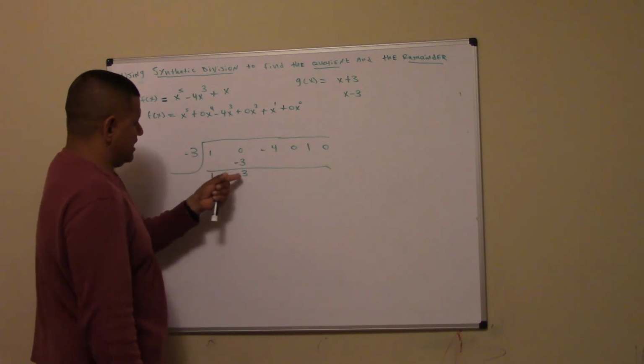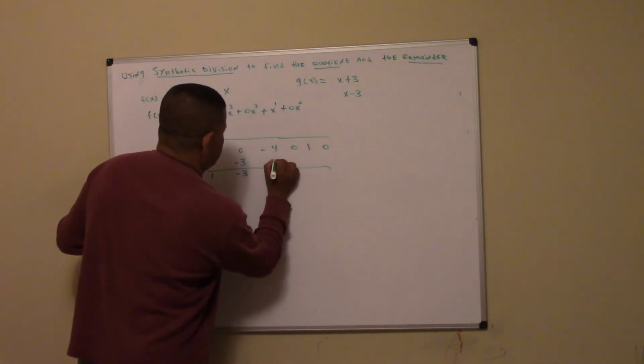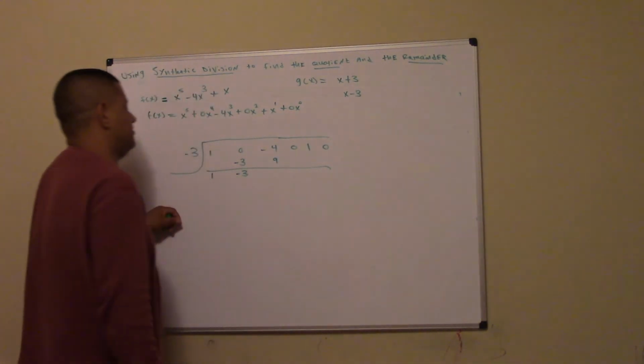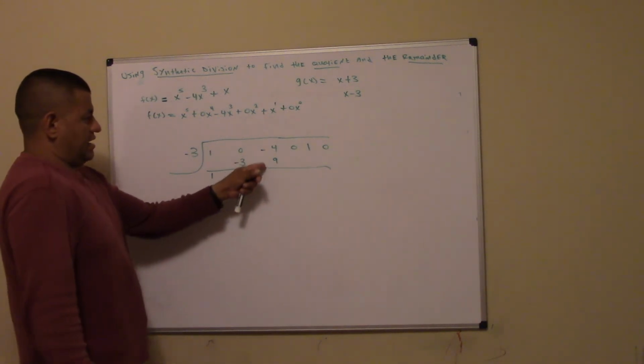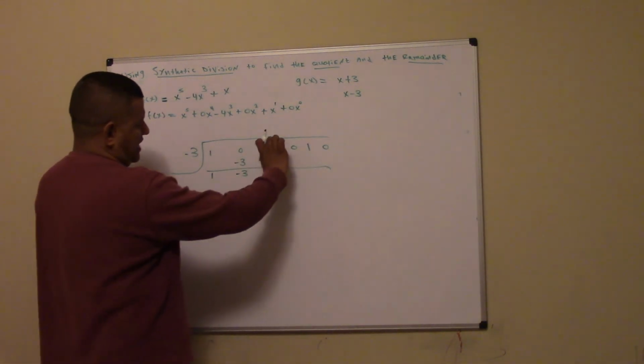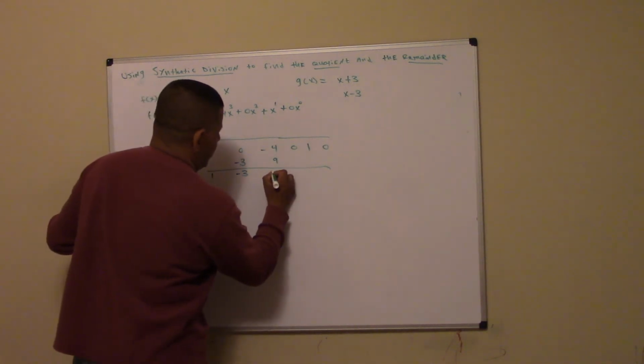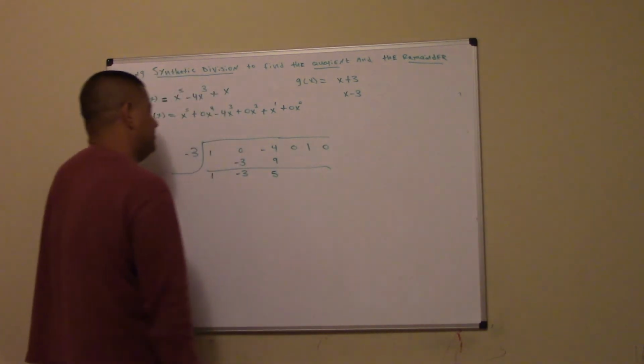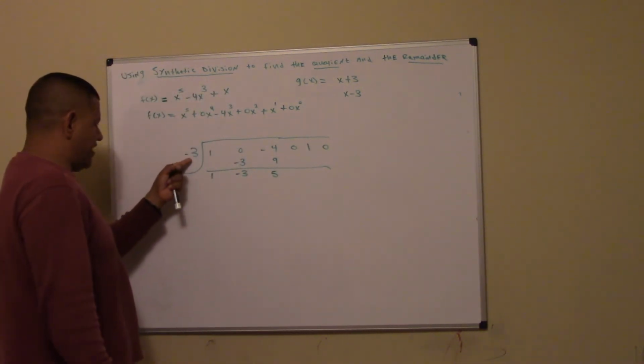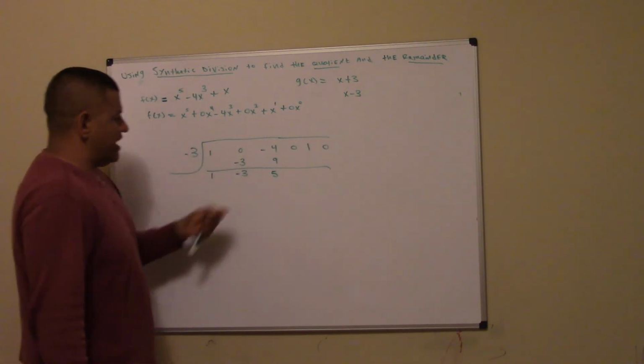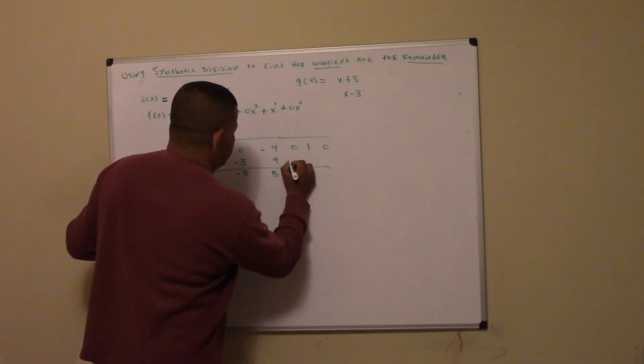-3 times -3 is 9. Okay, then add this together, it is equal to 5. Right? Okay. 5 times -3 is -15.